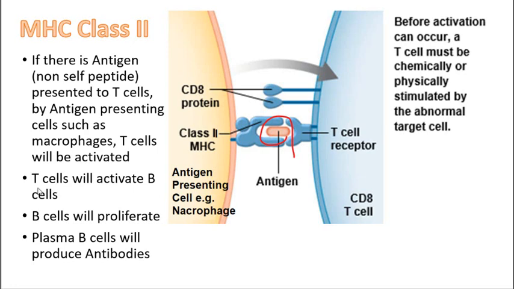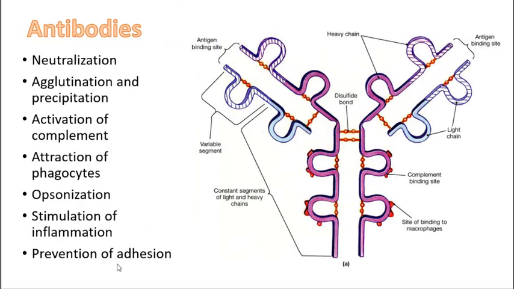T helper cell is going to go and activate T cells and also activate B cells. B cells will start division. B cells will proliferate. And some of those B cells will become plasma B cells and some will become memory B cells. The plasma B cells will start producing antibodies. What are antibodies?